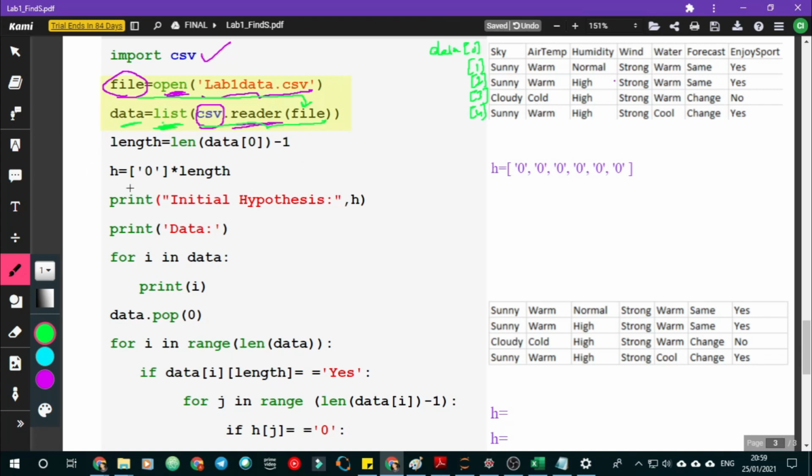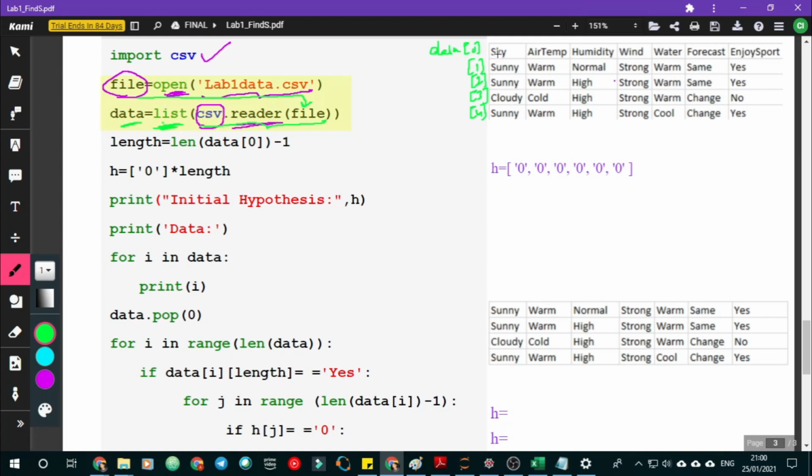Next, I need to find out the hypothesis length. We already know there are 6 attributes, but I need to find out how many attributes there are. I can do that with the help of data of 0: first, second, third, fourth, fifth, sixth. I need not calculate how many data samples there are.